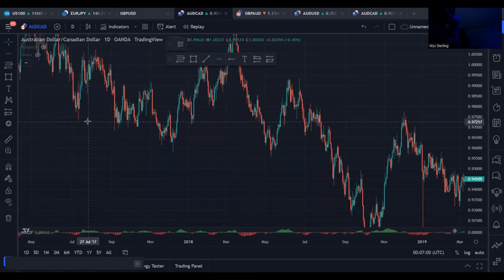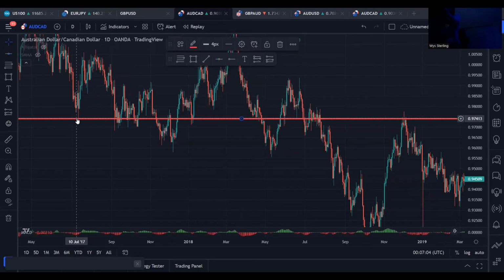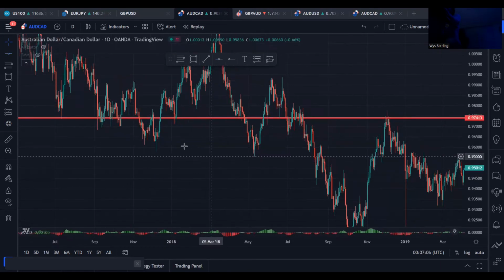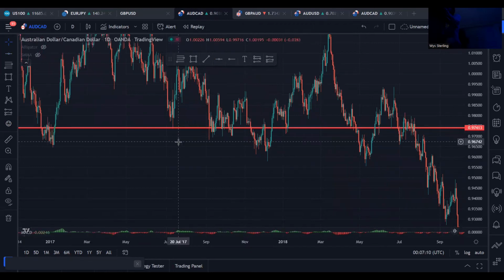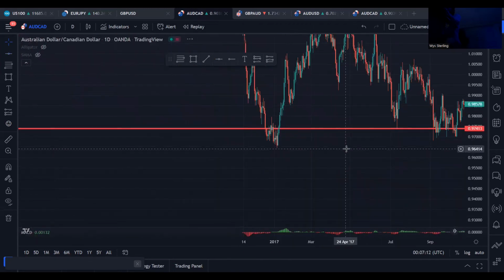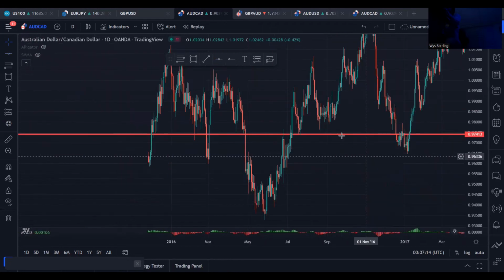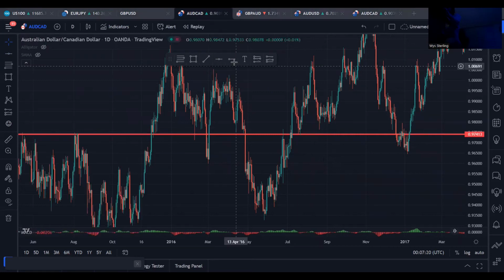So let's use the horizontal line. Draw it like this, nicely. Let's go forward and see how it did. If you go back, you can see we had a lot of touches right here: here, here, here, another one here.